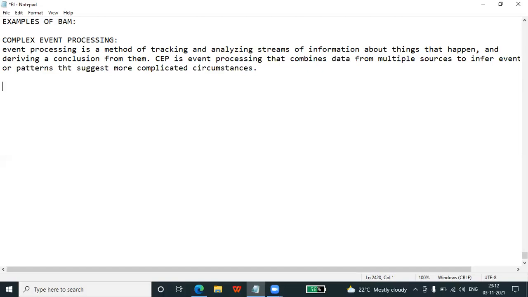Analysts suggest that complex event processing will give organizations a new way to analyze patterns in real time and help the business side communicate better with IT and service departments.